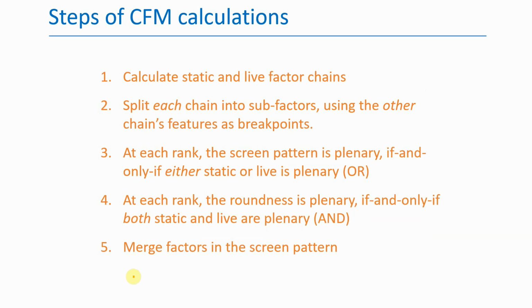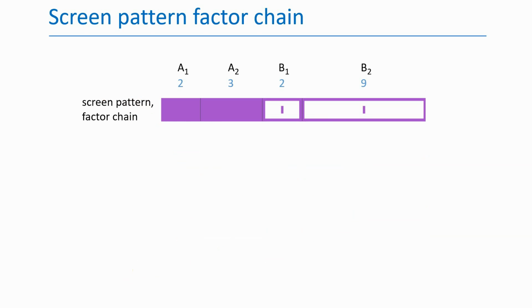The next step is to merge factors in the screen pattern. Merging is basically splitting in reverse. Wherever there are multiple factors of the same type at adjacent ranks, they can be combined into a single factor by multiplying the sizes. Factors A1 and A2 are both plenary, so they can be merged.